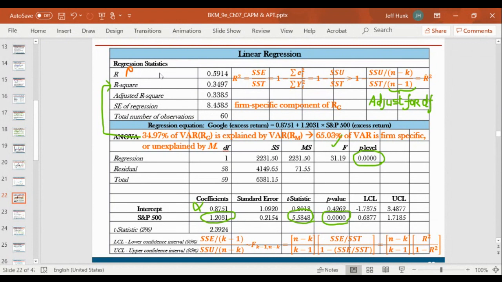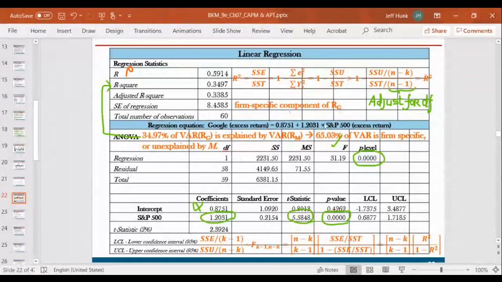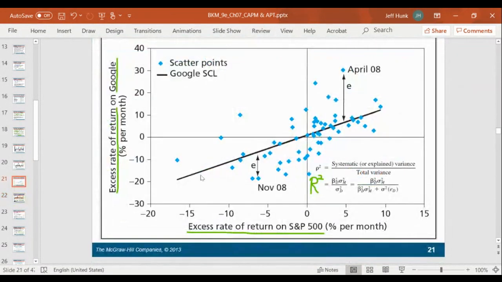If the correlation between X and Y is, think about it. If the correlation is 1, what's going to happen?